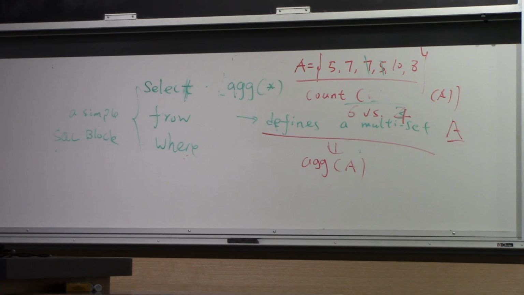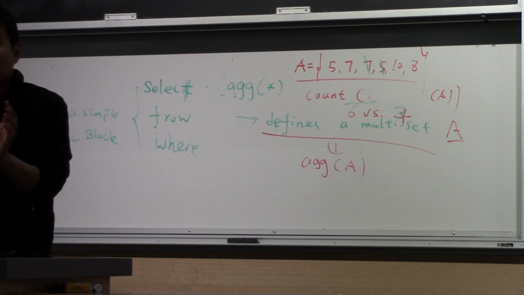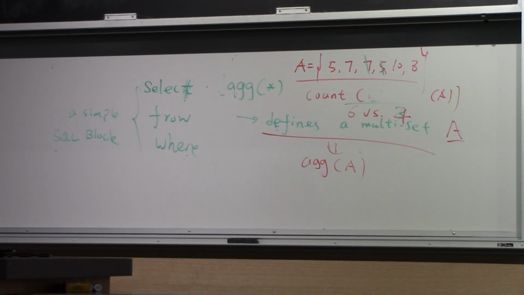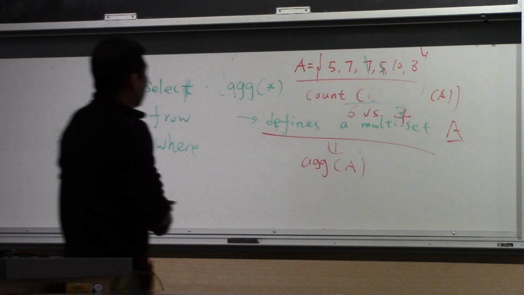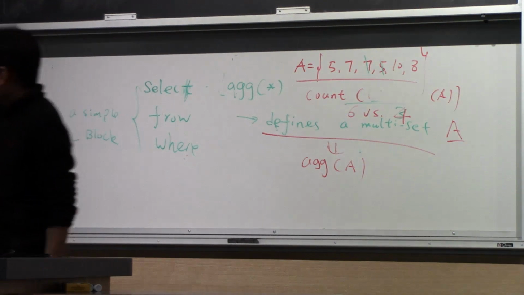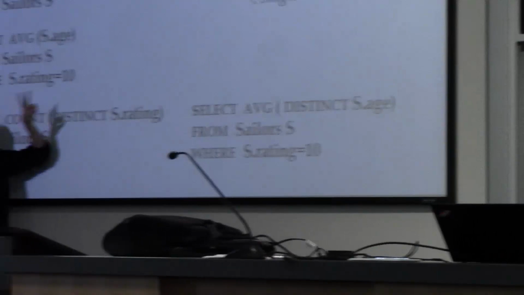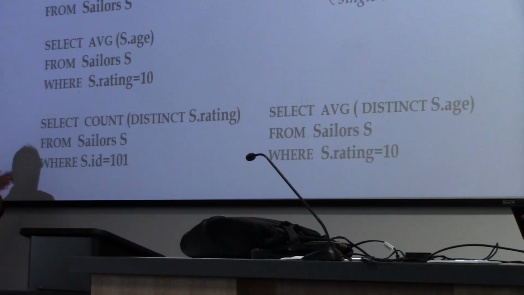Now, let me ask you a question. If I change this to this, having distinct and having no distinct, consider those two queries. Are the results going to be the same or different?